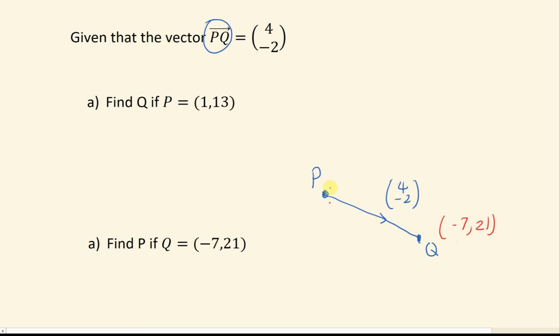To get from Q back to P, I have to go 2 squares up. So that means my y coordinate is going to be 23. And I have to go another 4 squares to the left. My coordinate was -7, so if I go another 4 squares to the left, that will now be -11. Okay, and that's it. So working backwards is a bit more awkward, but it's the same basic idea.